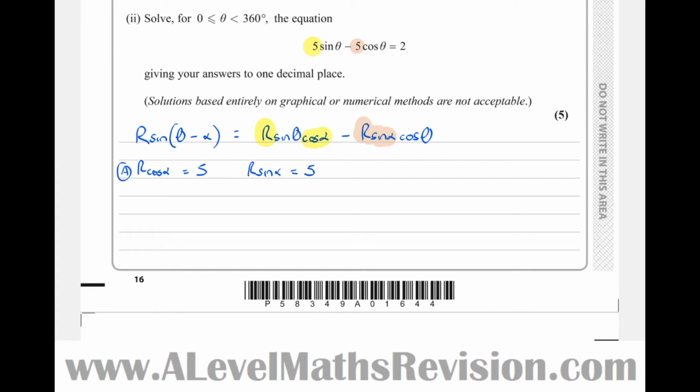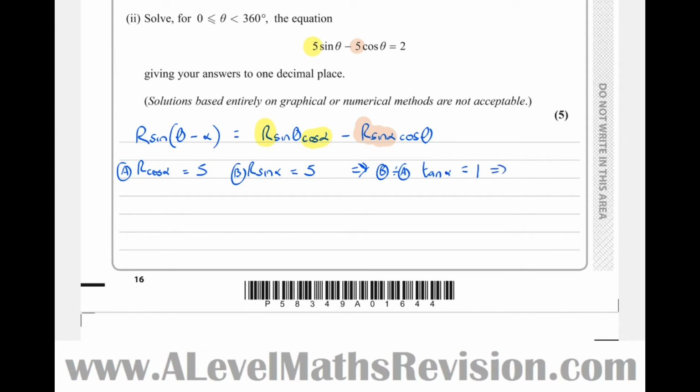So let's call that equation A, that one equation B. So now if we do equation B divided by equation A, if we divide the left hand sides, we get r sine alpha over r cos alpha. That just makes tan alpha. So tan alpha equals 5 over 5, which is 1.